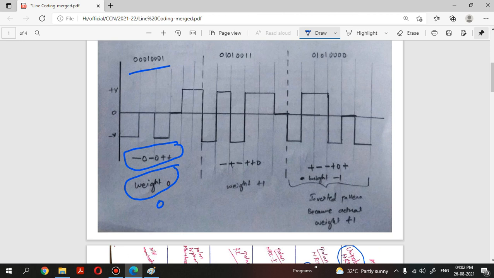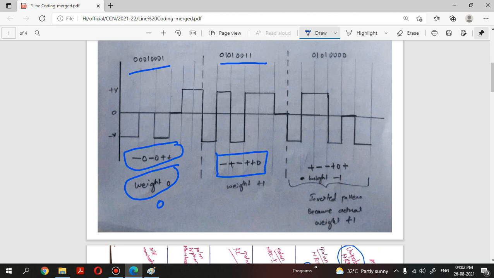What is the policy they maintain? Look at the next data, 0101, 0011, right? I need to convert binary to decimal, and this is the voltage level for that. So positive, negative, positive, based on that the voltage variations have been given, right?